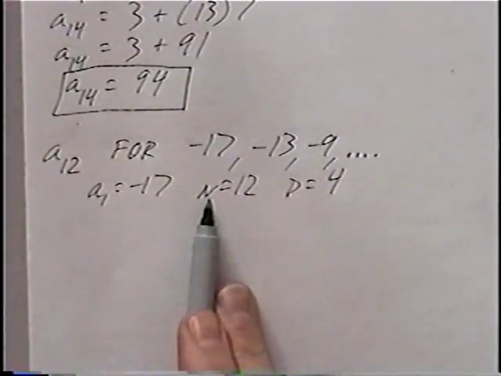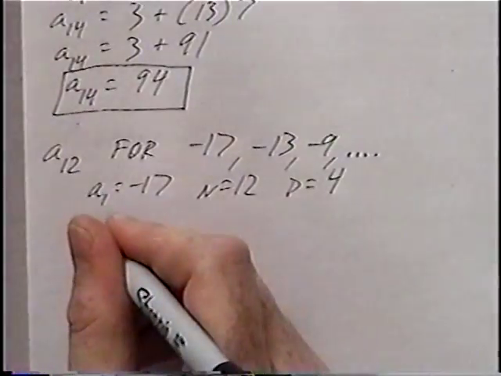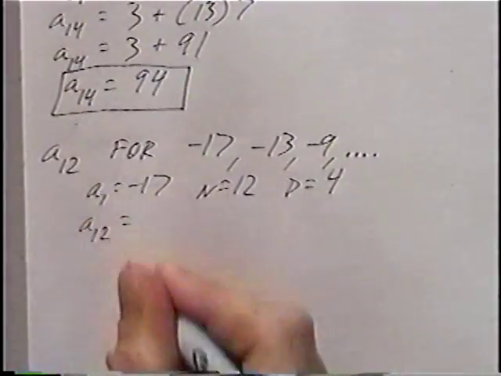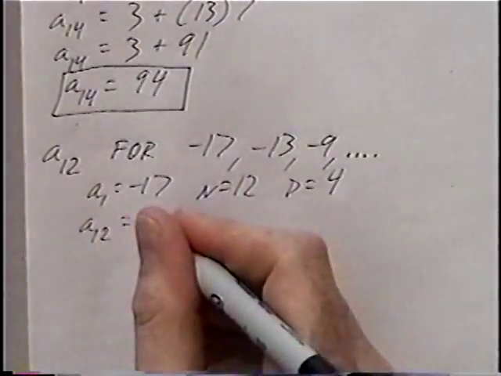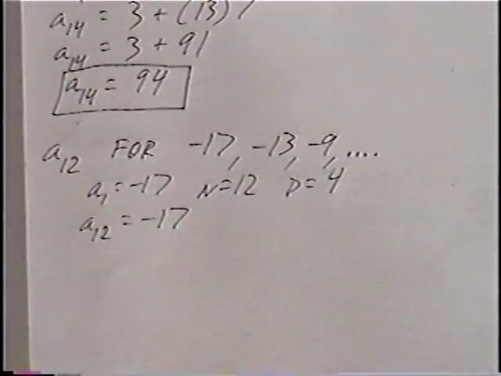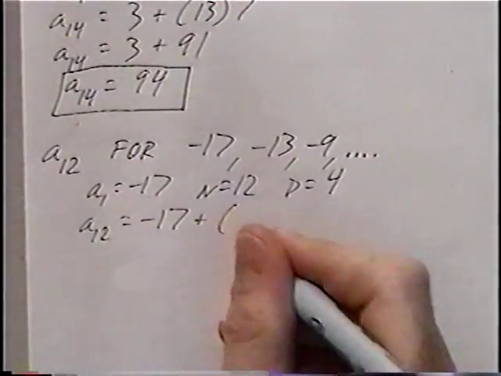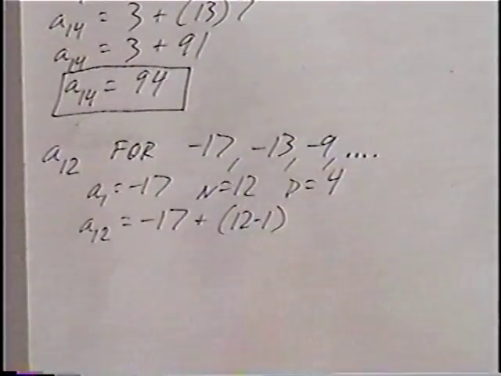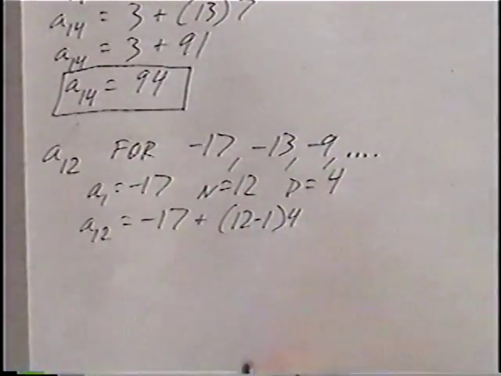Once we have a sub 1, n, and d, then we can plug numbers into the formula. A sub 12 would equal a sub 1, which is negative 17, plus n minus 1, which would be 12 minus 1, times the difference, which would be 4.